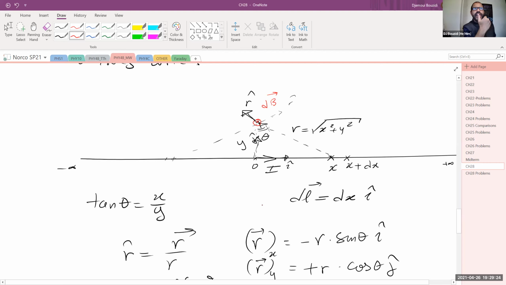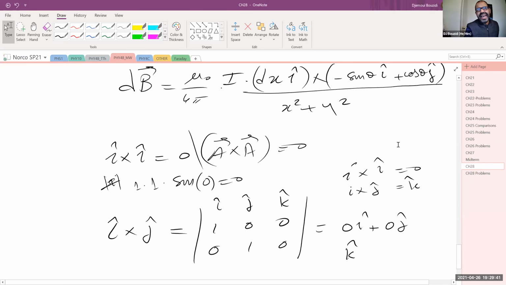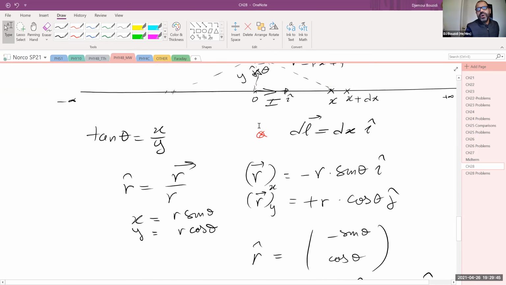If we did it at the bottom, if we did it here, it should be going into the screen because everything is the same with the exception that now this component will be in the negative direction. So you will have a negative in here.